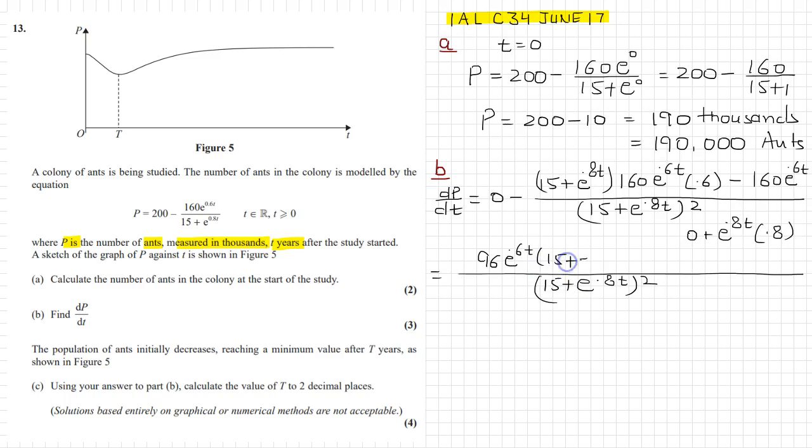15 plus e to the power 0.8t, this is minus this 160 times 0.8, that is 128 e to the power 0.6t and e to the power 0.8t.